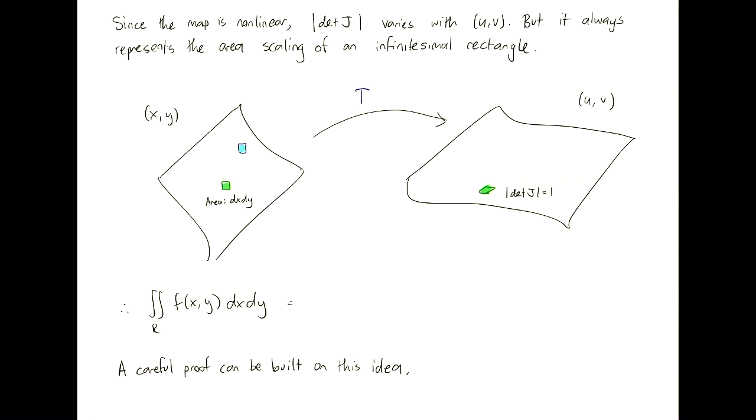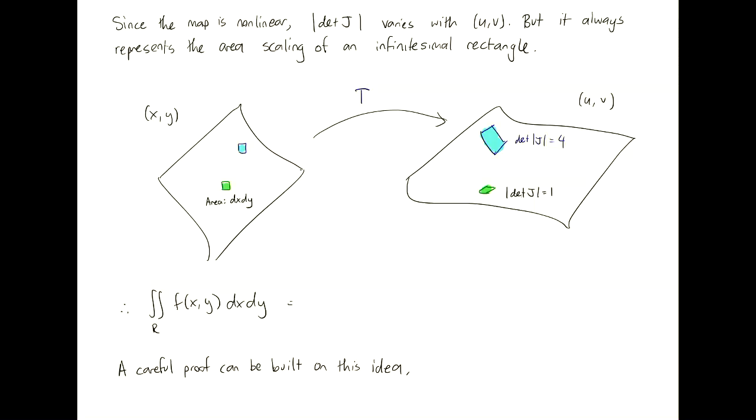But maybe this blue one stretches out a bit more, and I get the determinant of J is equal to maybe 4. Now remember, these areas are still small because the area is this times delta u times delta v. And this area is 4 times delta u and delta v. So as long as delta u and delta v are small, these are still appropriate parallelograms.